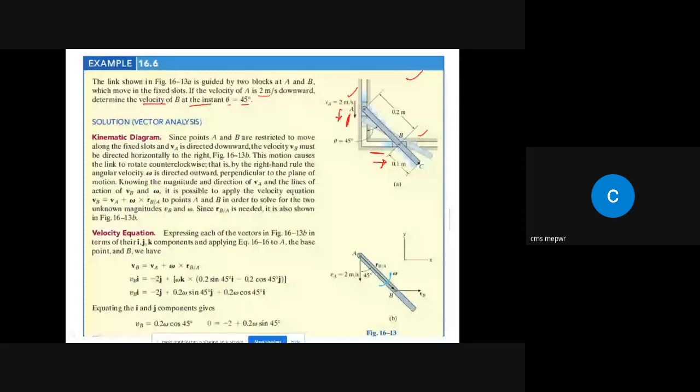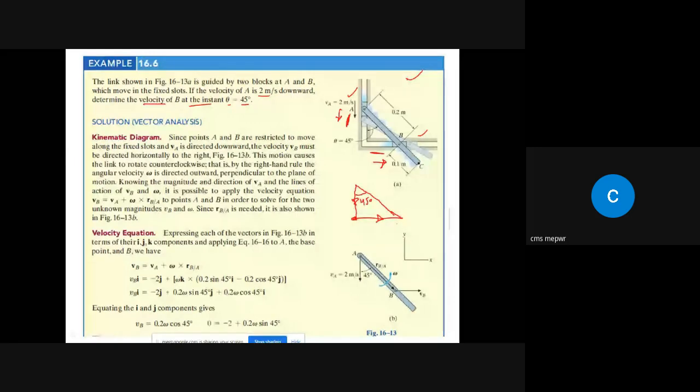The angle is given over here, this angle is 45. The velocity is in this direction downward, so this should be right.